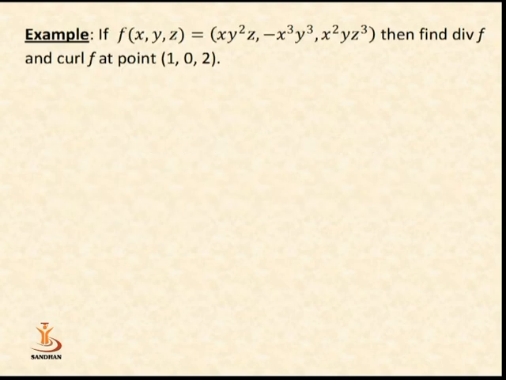Now we see the example. If f(x,y,z) is equal to the vector function, we can see it is a vector function, then find divergence f and curl f at the point (1, 0, 2).